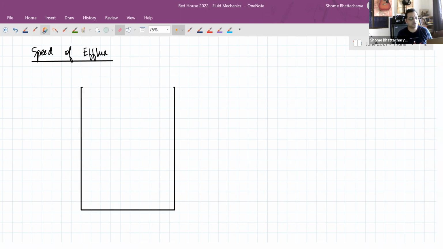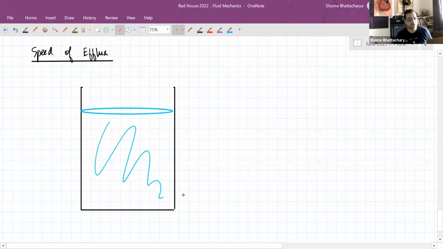But the important thing is if there is a small opening, typically a small opening is given a specific name, it is called an orifice. So if there is an orifice at, let's say, near the bottom, then the speed with which liquid comes out of it is the velocity of efflux or speed of efflux.